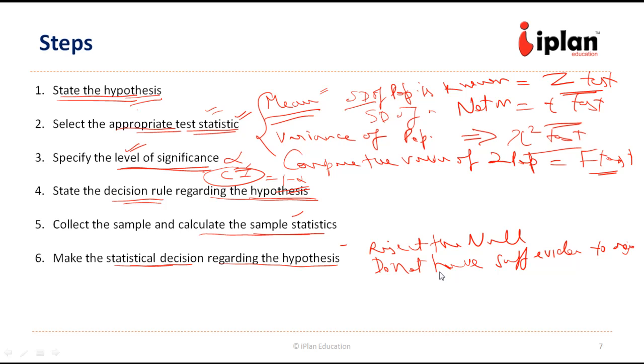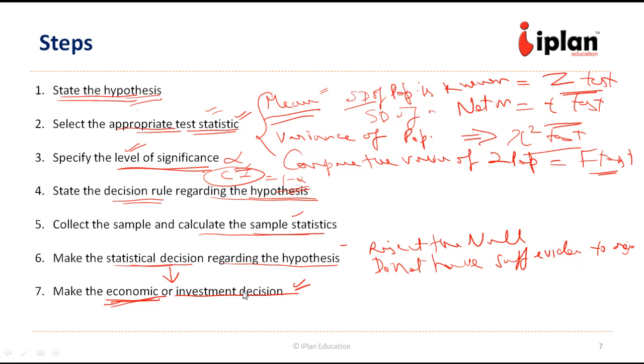So there can be only two cases, that is the statistical decision. And finally, based on our statistical decision, we can make an economic or investment decision for which we have conducted this test. So we need to further consider certain factors in order to take the investment or economic decision. So these were the broad steps in the process of hypothesis testing.